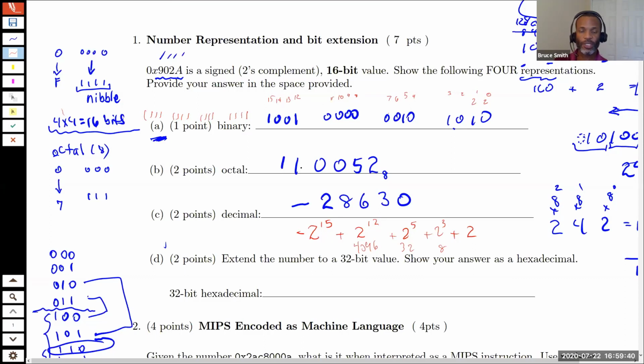And now it is no longer a 16-bit negative value. It's a 16 plus 16. It's a 32-bit negative value. So all you will do is look at the most significant bit and make copies.